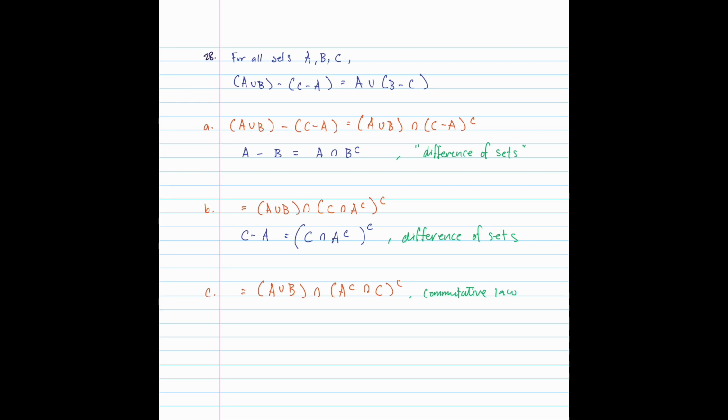And then the next thing they said was A union B intersection with A complement union C complement.